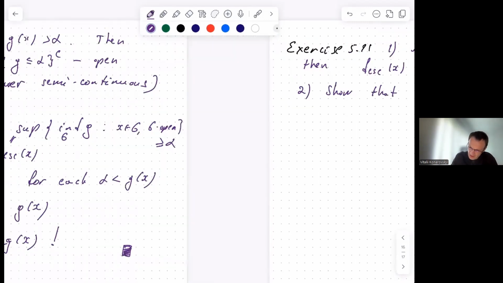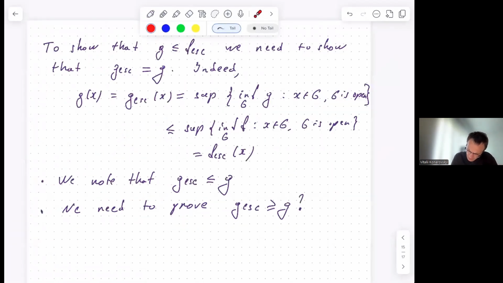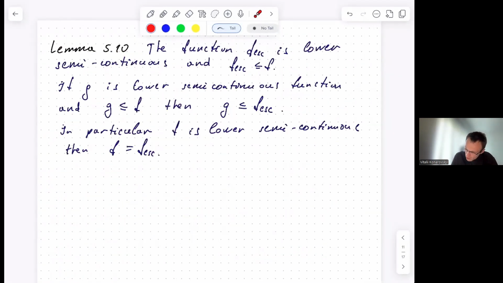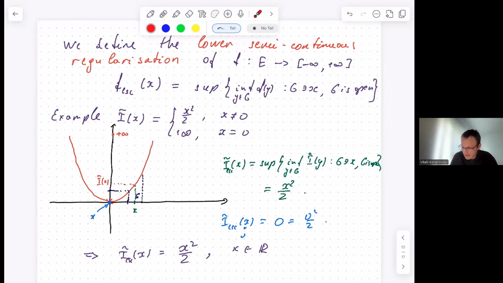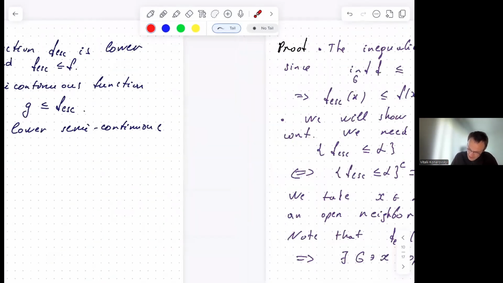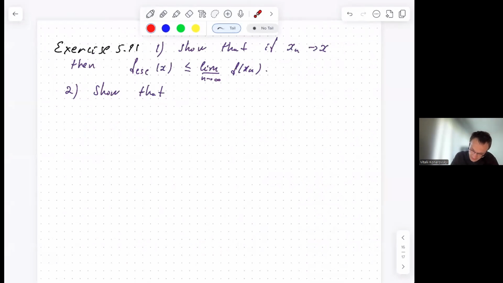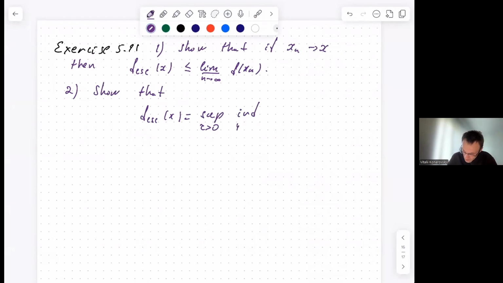You don't need to consider in the definition of lower semi-continuous regularization all open sets that contain X. It is enough to consider the supremum only over the balls with the center at the point X. This regularization can be defined also as the supremum over all possible radiuses r of the balls, of the infimum of f of y for y belonging to the ball of radius r with the center x.